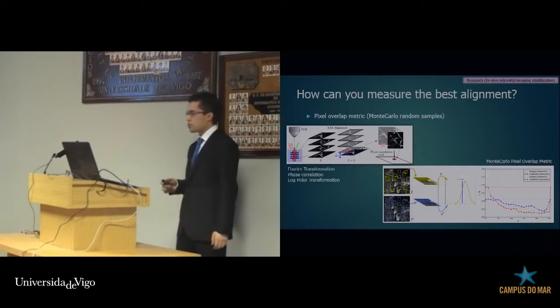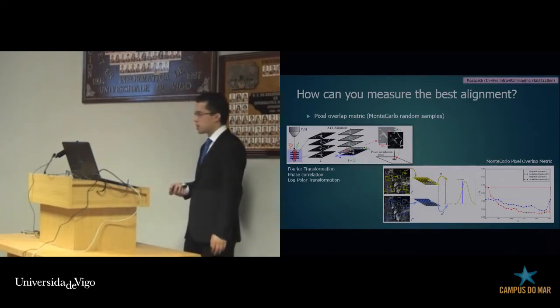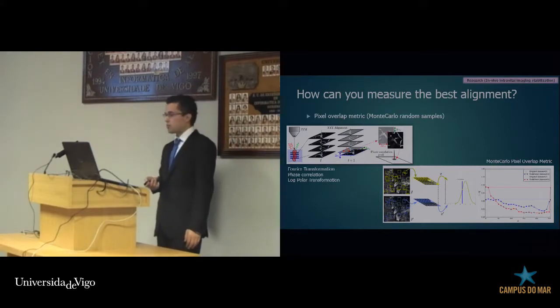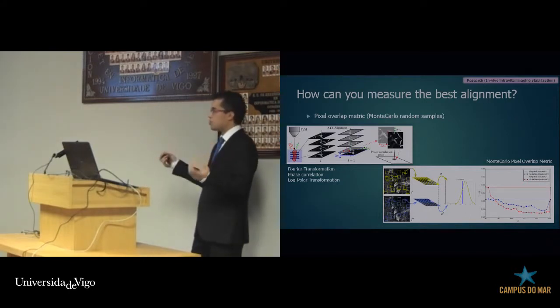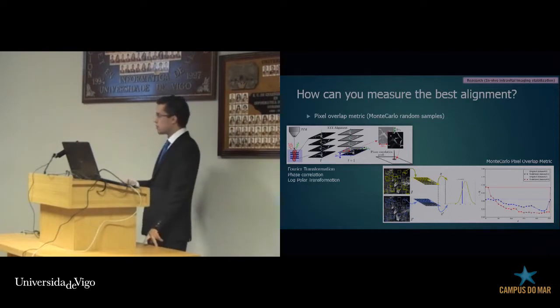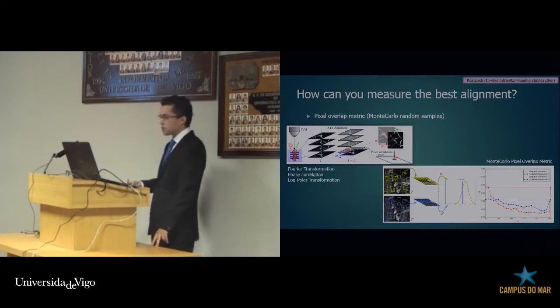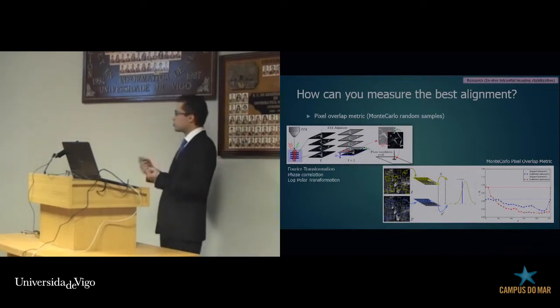So for that we created a pixel overlap metric based on Monte Carlo random samples. You put a lot of random samples over your images, and you compare one random sample in one image and in the next one, and you compare by different things. For example, here we use the histogram of color. With this metric, you are able to compare the quality of the different corrections between two images.